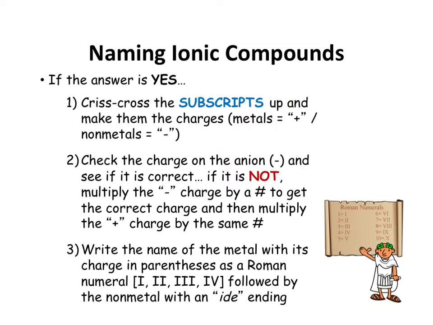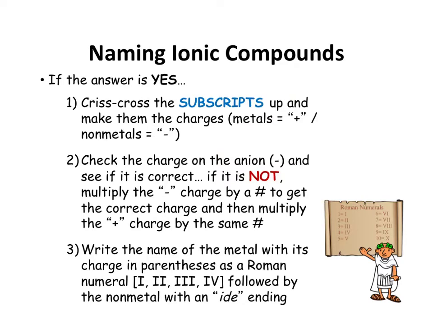Whatever number you multiply it by to make that charge correct, you have to multiply the positive charge by the same number. It's kind of like if you do something to one side, you've got to do the same thing to the other side. So if it's not right, you multiply it by a number to make it right, and then you must do the same thing to the positive charge.